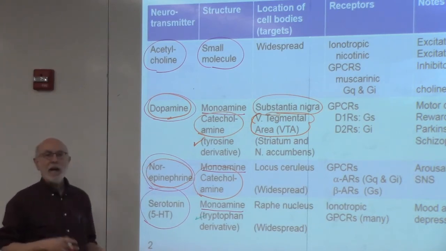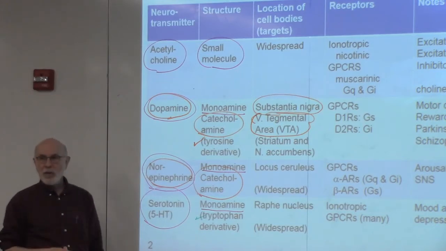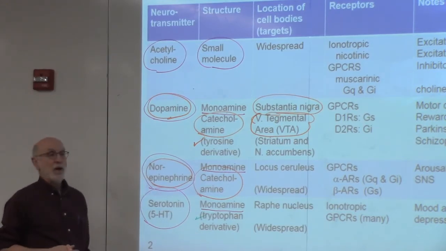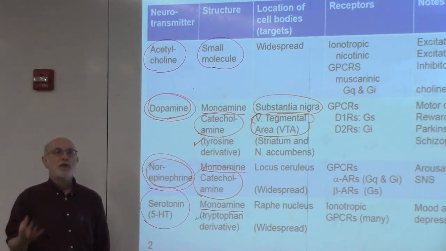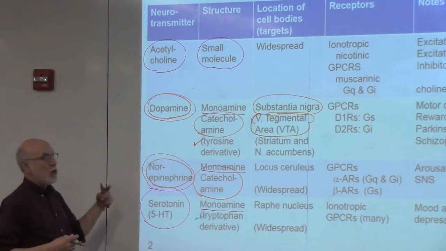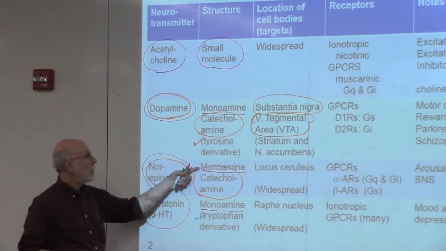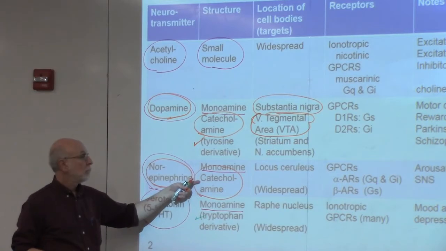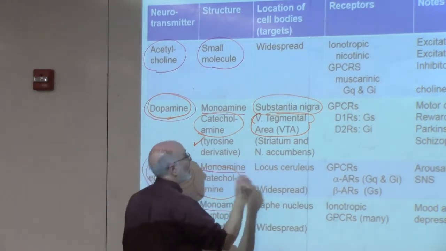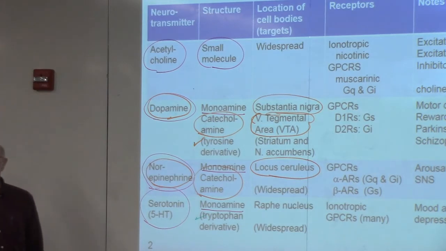Norepinephrine and noradrenaline are the same thing. A norepinephrinergic neuron is a noradrenergic neuron. So noradrenergic neurons release norepinephrine, which is a monoamine and a catecholamine, and the cell bodies of those neurons are in the locus ceruleus of the brain. We'll see that later.